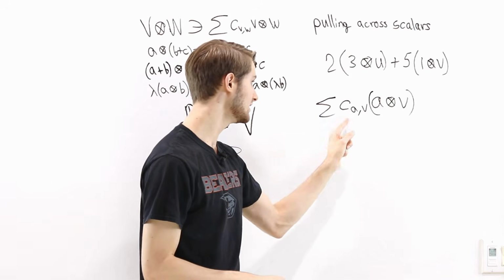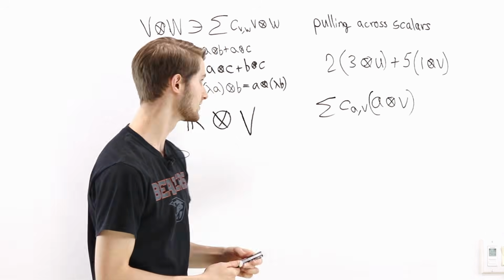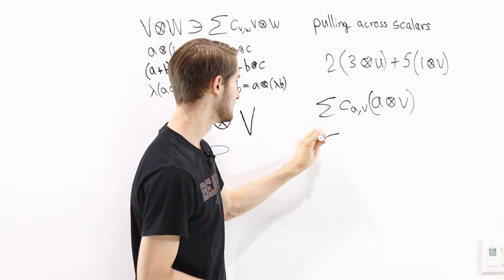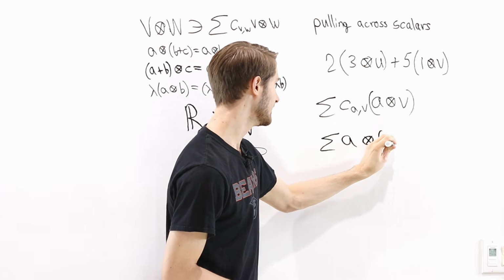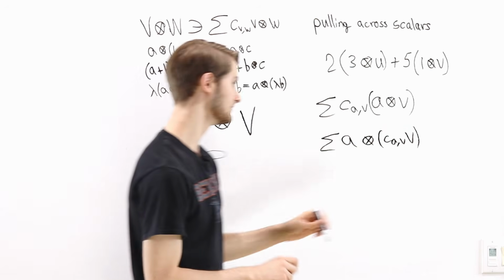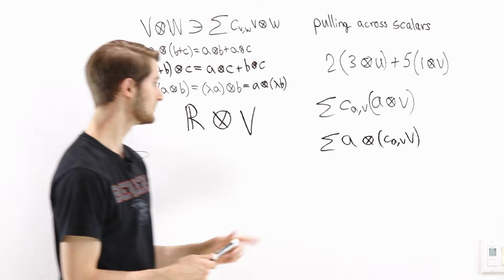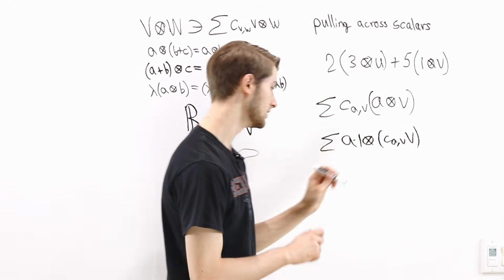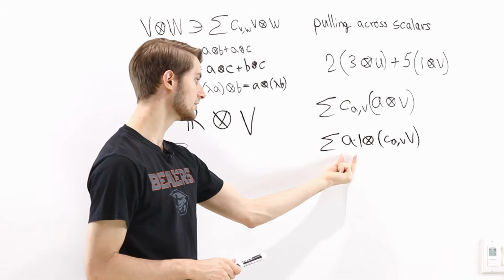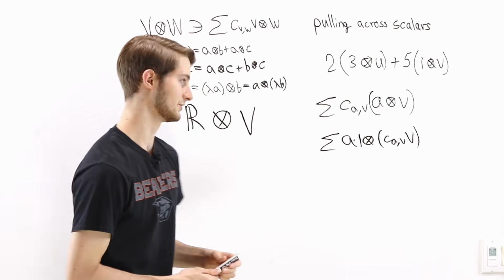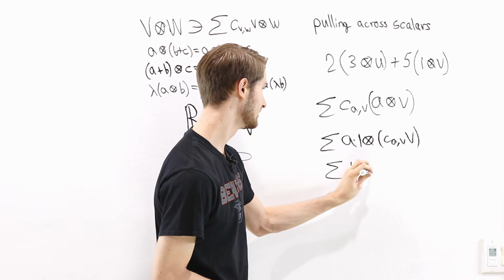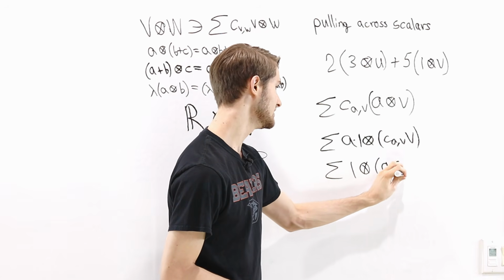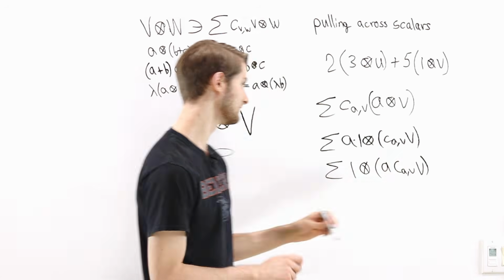If we do that, we're going to get a tensor c_{a,v} times v. And again, remember, we can write a as a times 1. This a is a scalar. I'm going to pull it over to the right side as well. So we get the sum of 1 tensor a times c_{a,v} times v.